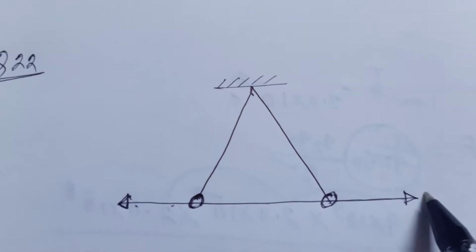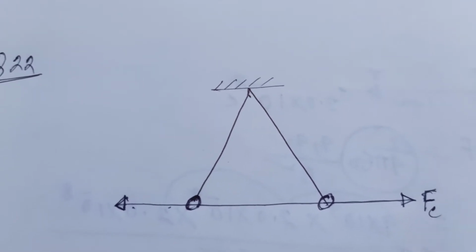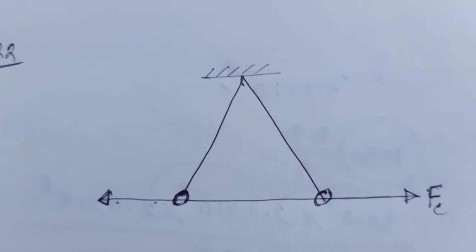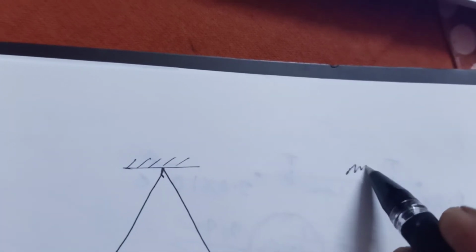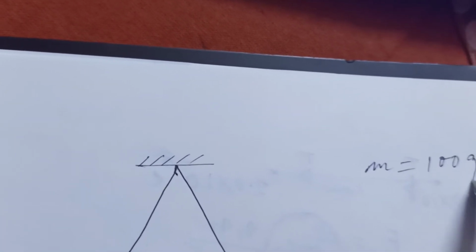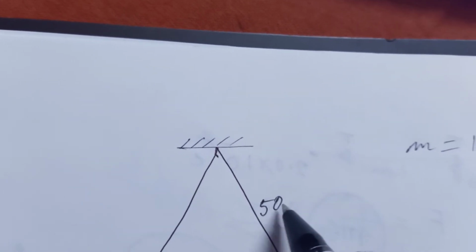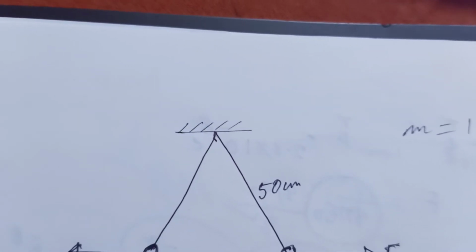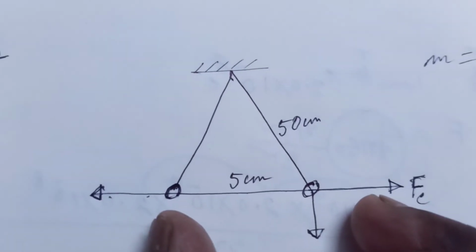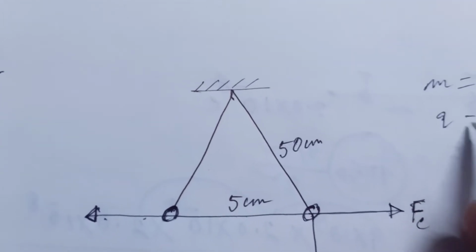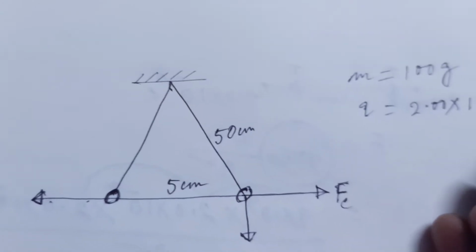Along that direction, the Coulombic electrostatic repulsion acts, and there is a mass. The mass is 100 gram, this is the insulating string of 50 centimeter, and this separation between the charges is given as 5 centimeter. And Q is also given, that is 2.00 × 10^-7 coulomb.